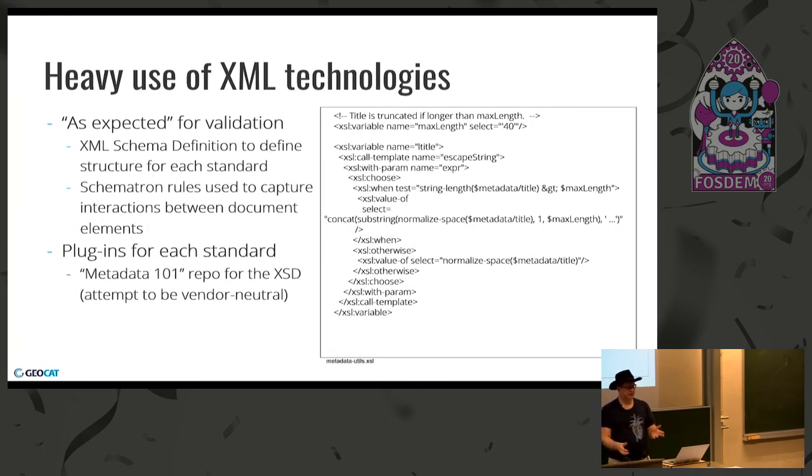It really loves its XML technologies. So I expected validation, that's fine. They also use Schematron to put some rules in play, and then they've got a plugin for each standard. The plugin is stored in a separate repository to be technology neutral.